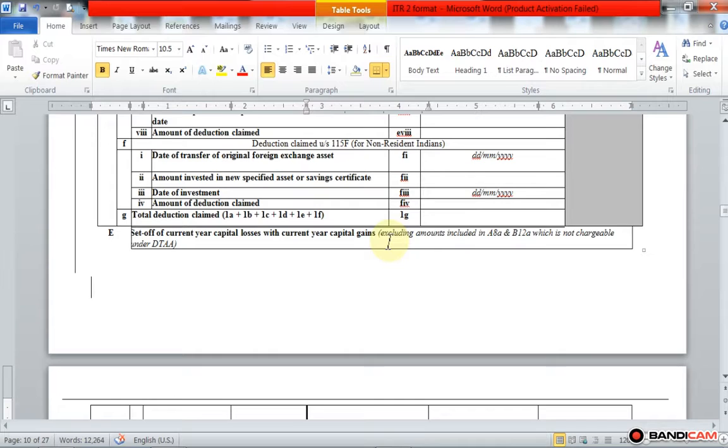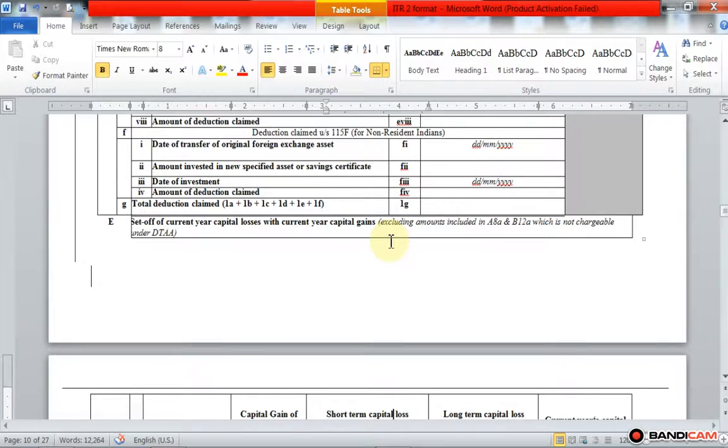And capital loss can be set off against only a capital gain. We already studied this in our earlier lecture, that is set off and carry forward of losses.